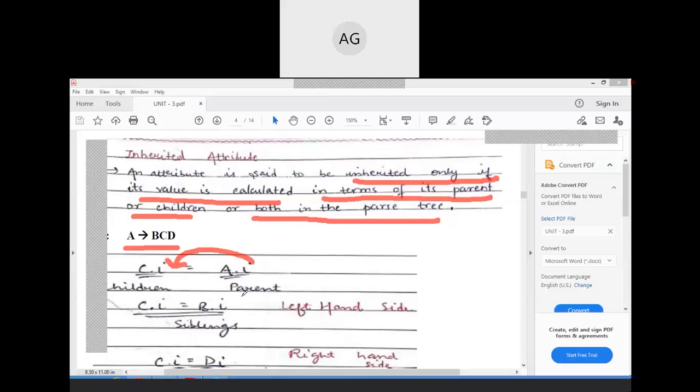It is correct, and you can also see that the value of C.i is also being calculated from one of its siblings.